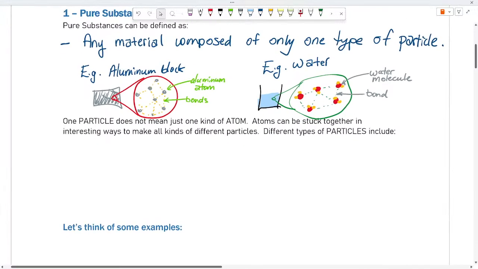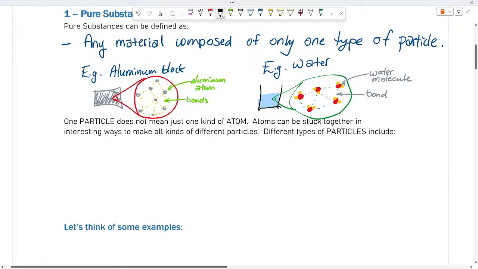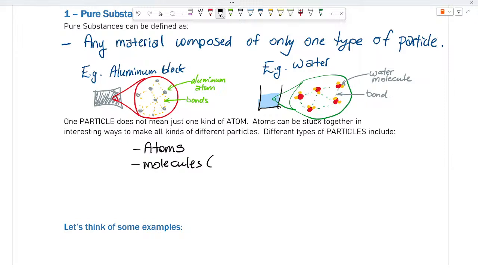We'll talk about it. So the different types of particles you might see, you might find individual atoms. You might find molecules. These are groups of atoms stuck together, and we're going to say bonded together chemically.